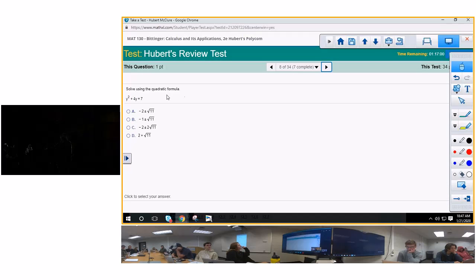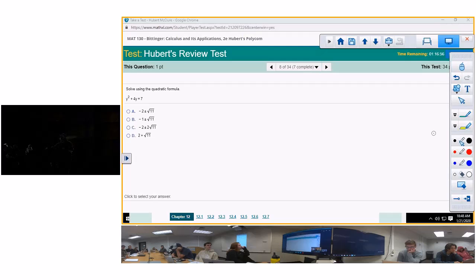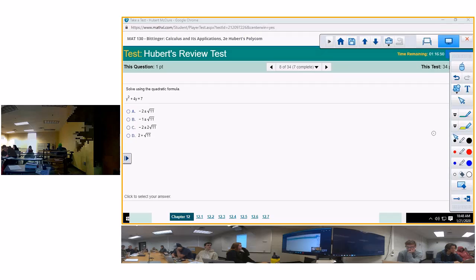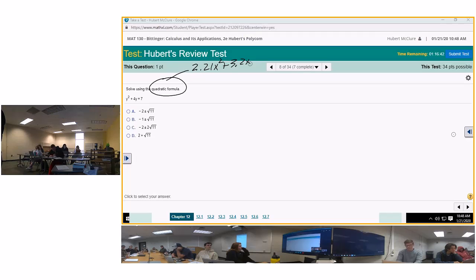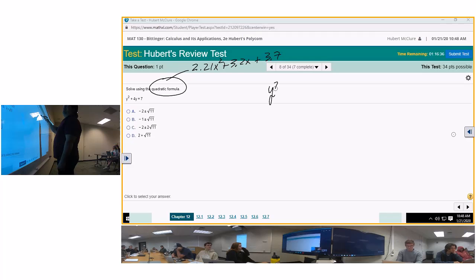Solve using the quadratic formula. Not quadratic formula, completing the square, because I don't use the quadratic formula. The only time you use the quadratic formula is when you have one like this, 2.21x squared plus 3.2x plus 3.7. That's when you use the quadratic formula. So, y squared plus 4y plus blank is equal to 7 plus blank.